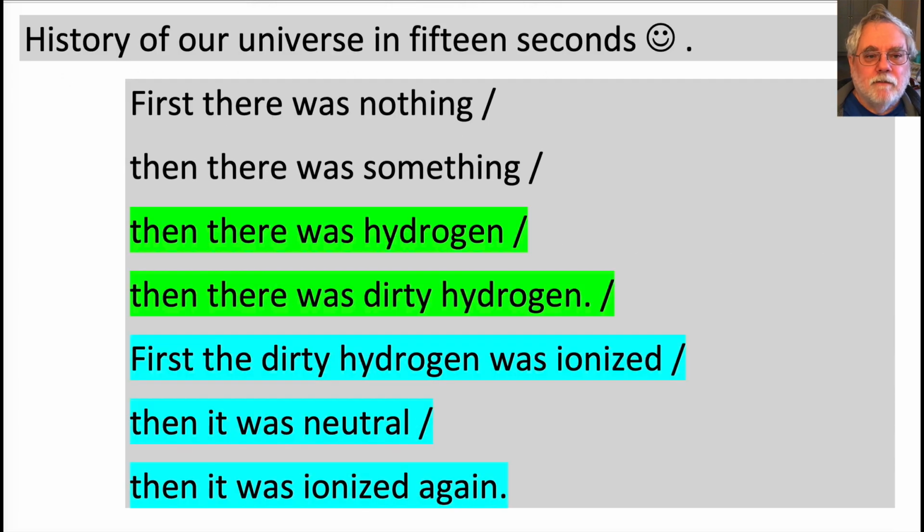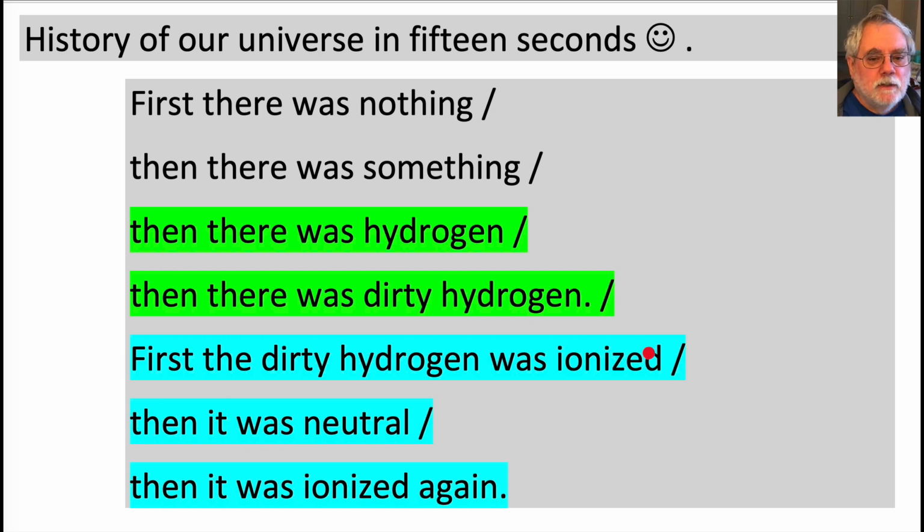Here is the history of our universe in 15 seconds that we've seen before. First there was nothing, then there was something. We have not yet learned about this. Then there was hydrogen. We learned about that today. Then there was dirty hydrogen. We learned about that today. Dirty hydrogen is the primordial mix of hydrogen, helium, and lithium after Big Bang nucleosynthesis.